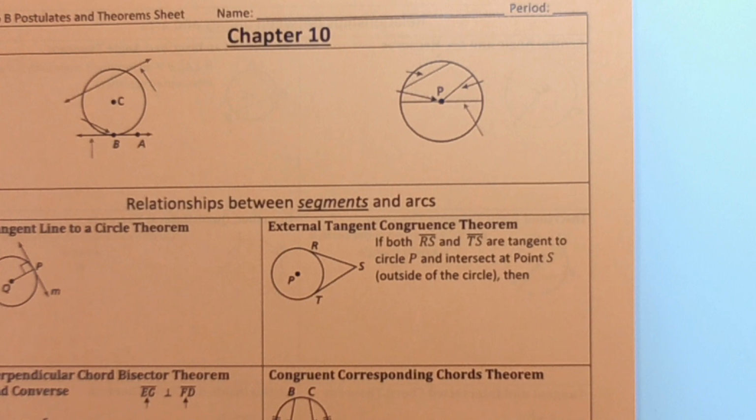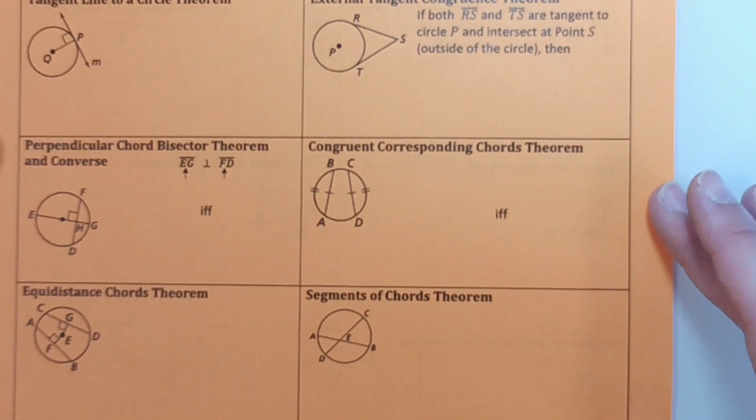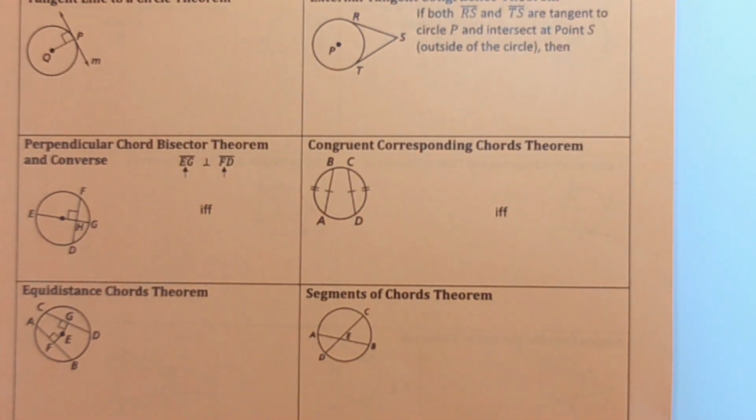And on top of that, you're going to see a lot of equations popping out on this postulate sheet. This postulate sheet, the chapter 10, the challenge of this postulate sheet is knowing which of the theorems to use at any given time. So as you go through the problems, one of the key things you're going to have to look at is you're just going to have to say, okay, which picture does this look like?